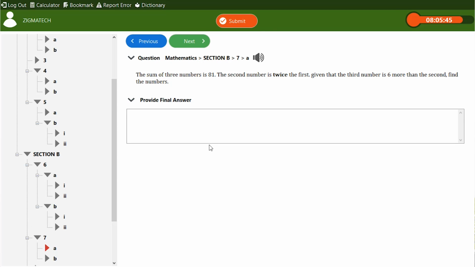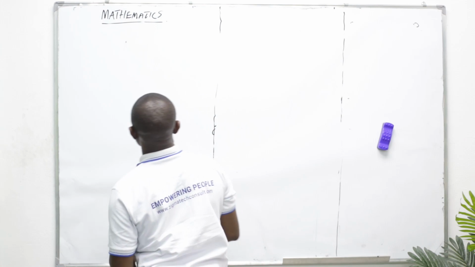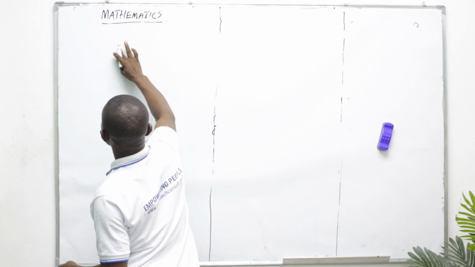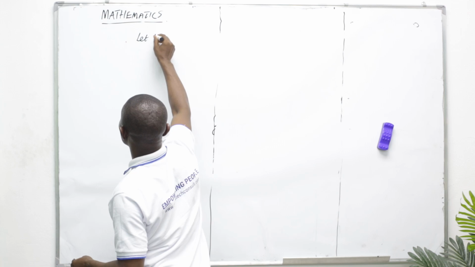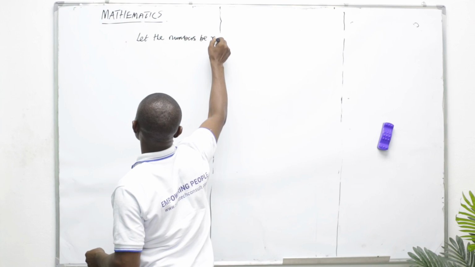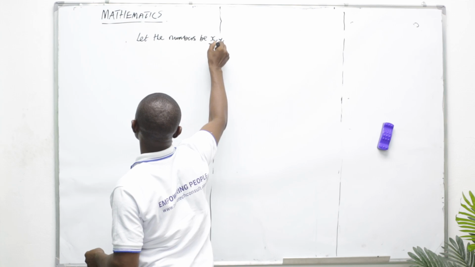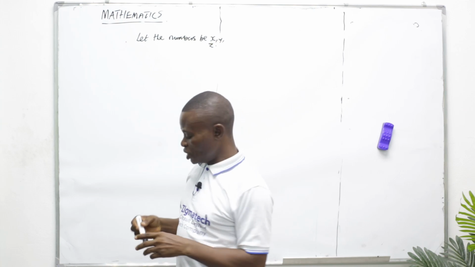So what do you prefer? We are always conversant with X, Y in mathematics. So let the numbers be X, Y, Z.